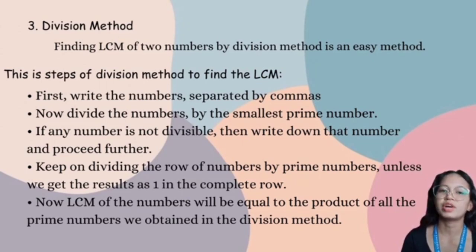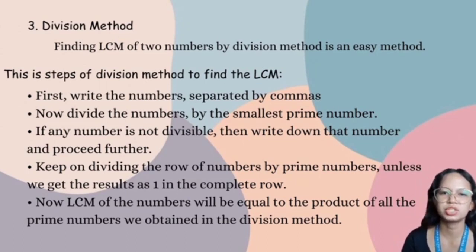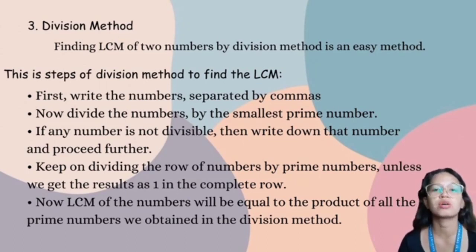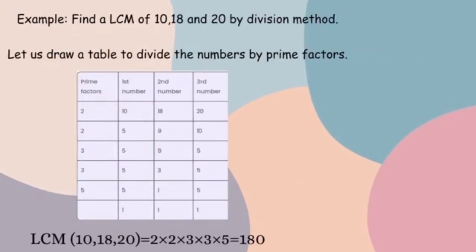Keep on dividing the row of numbers by prime numbers until we get a complete row of 1s. Now the LCM of the numbers will be equal to the product of all the prime numbers we obtained in the division method. Let us understand with the help of examples.